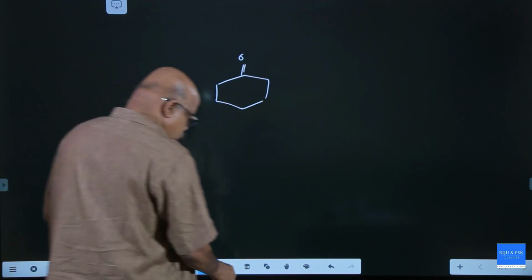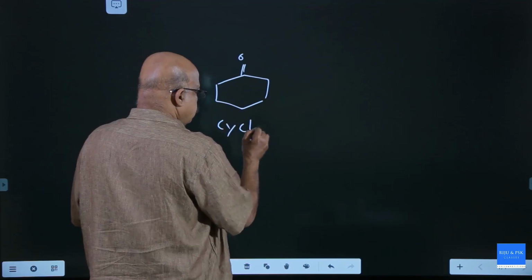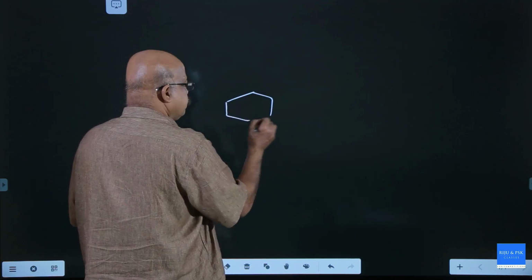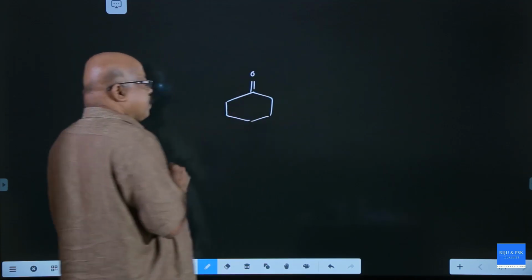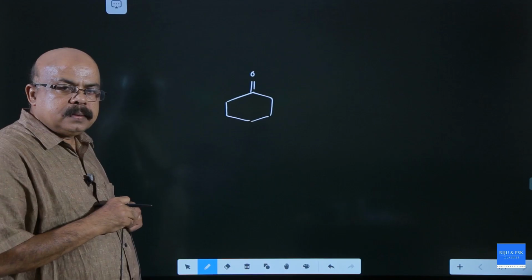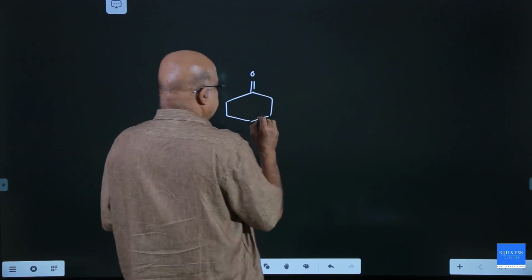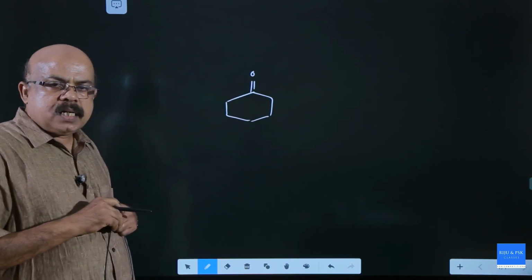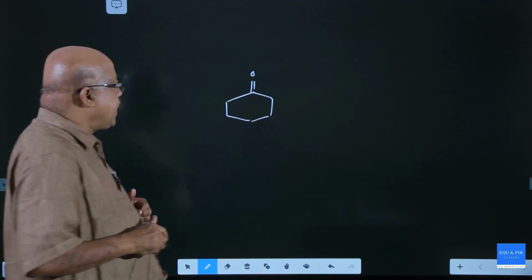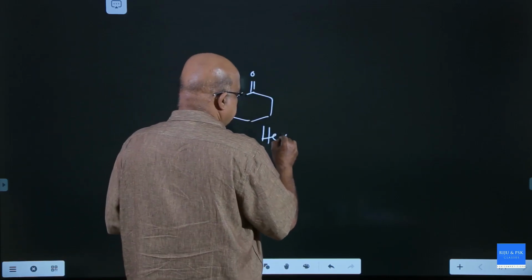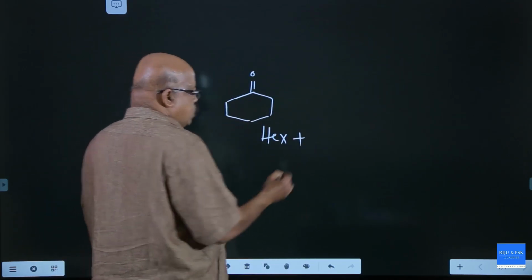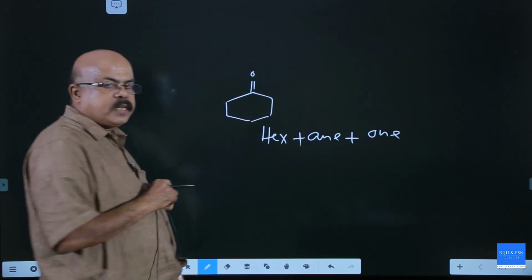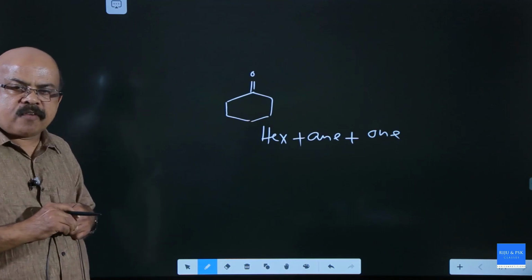Six carbon atoms are in the ring, so hexa. The parent chain is saturated, so ane. The keto group is there, so the secondary suffix is one.